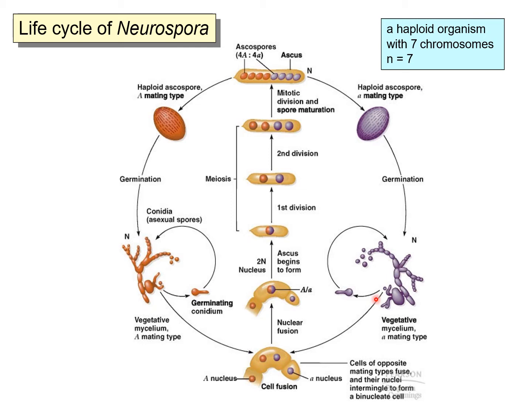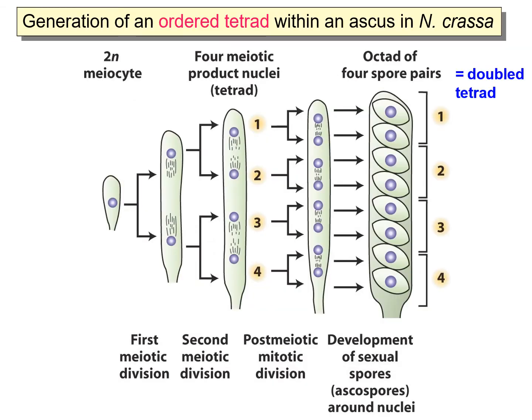Now for mapping purpose, we are going to focus on the first meiotic division, second meiotic division, and mitotic division. Let's see in detail. This is the diploid nuclei. Now it undergoes the first meiotic division, and thus the homologous chromosomes get separated from each other.